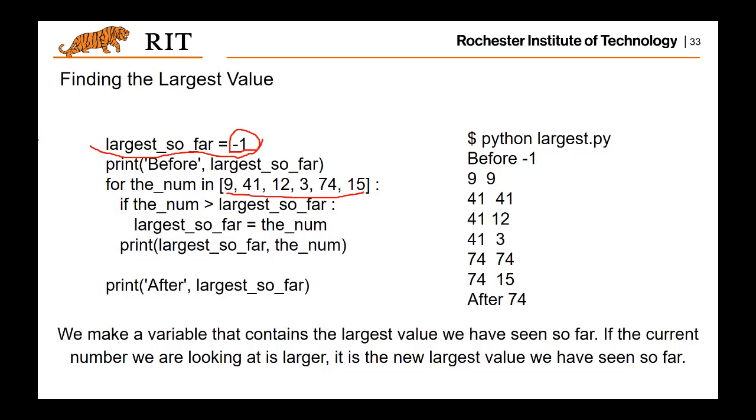So what if we have no assumption about the numbers? They could be any numbers. In that case, what should we set up as the initial value for the largest so far? Any idea?